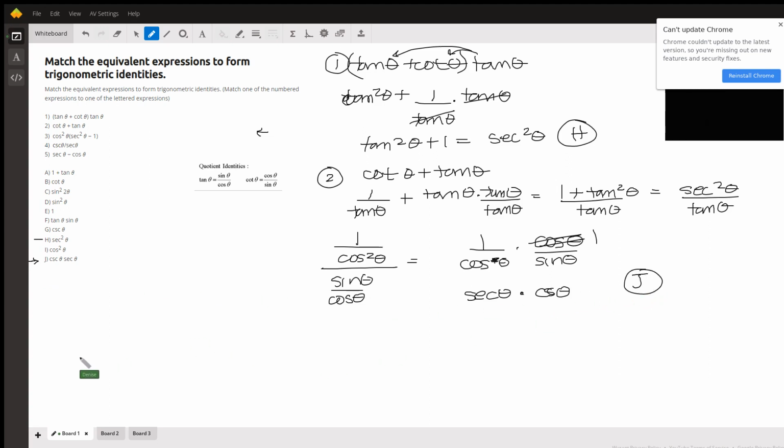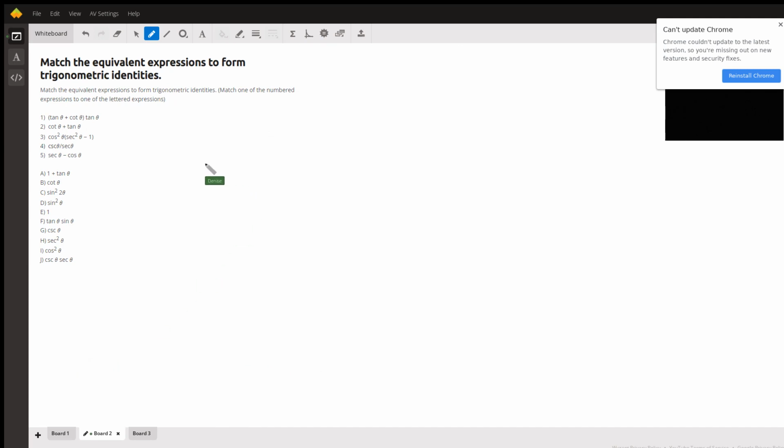Okay, I've replicated this board over here to give myself some more room to work. So now let's look at number 3. Secant squared theta, I'm going to rewrite as 1 over cosine squared theta, minus 1, times cosine squared theta.